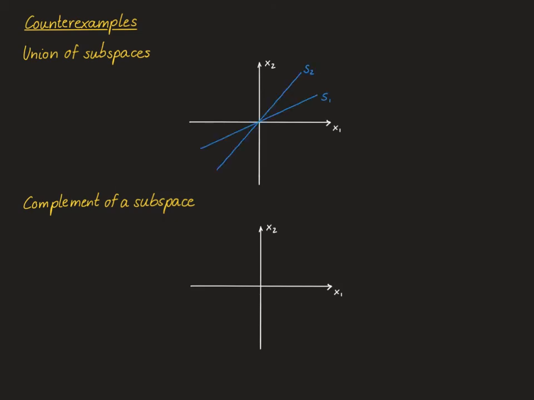For the union of two subspaces, already a simple example in R2 provides a counterexample. So take the subspaces S1 and S2, then the union of these two sets will not be a subspace because, for instance, it's not closed under vector addition. Also, for the complement of a subspace, we can find a simple counterexample in R2. So take the subspace S3.